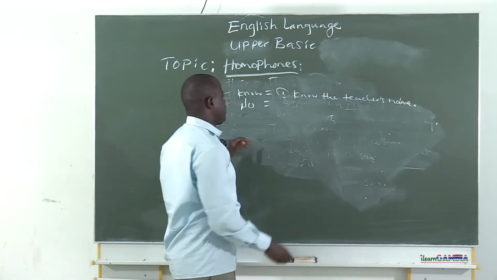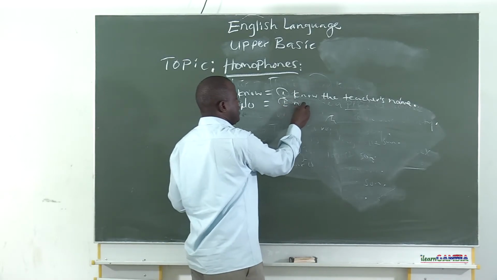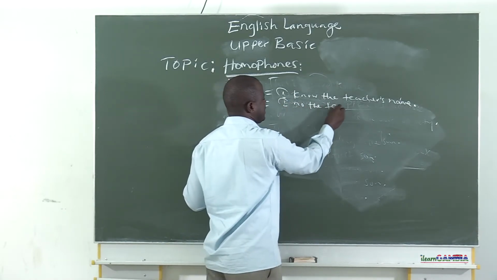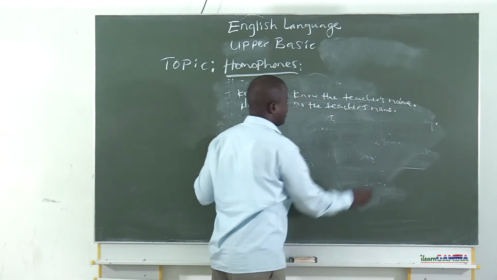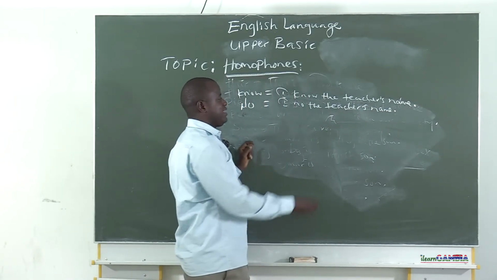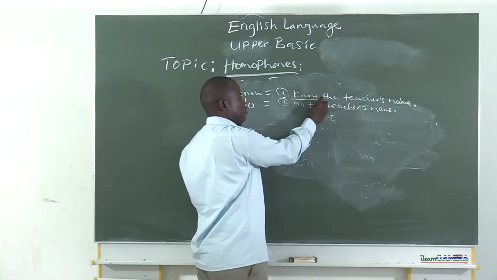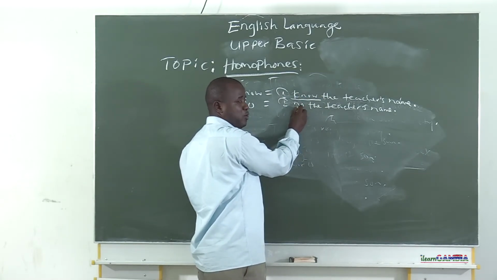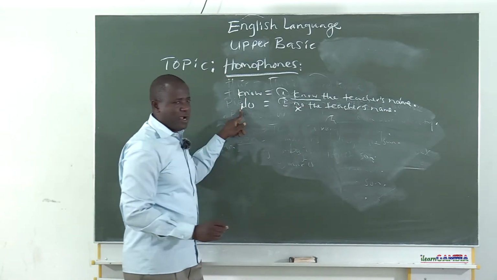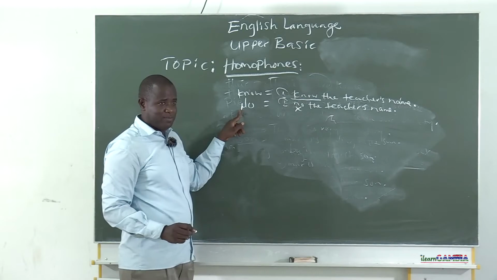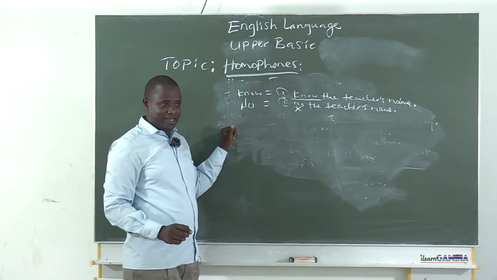All right? So in that case, you cannot write, I no the teacher's name. What we expect you to write is, I know with K-N-O-W, not N-O. This is completely wrong.